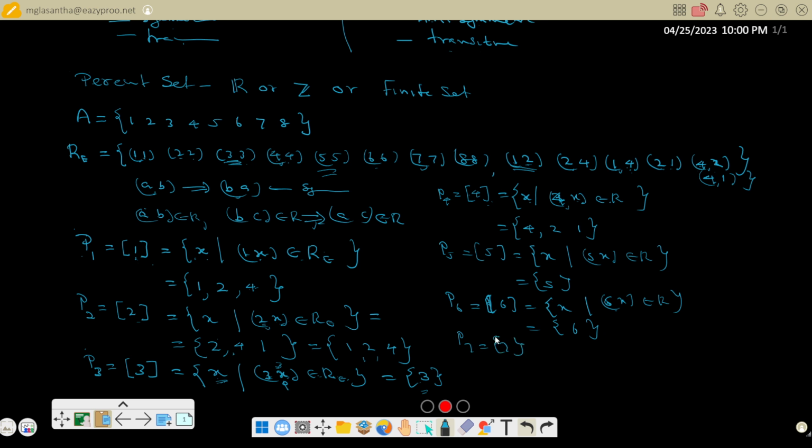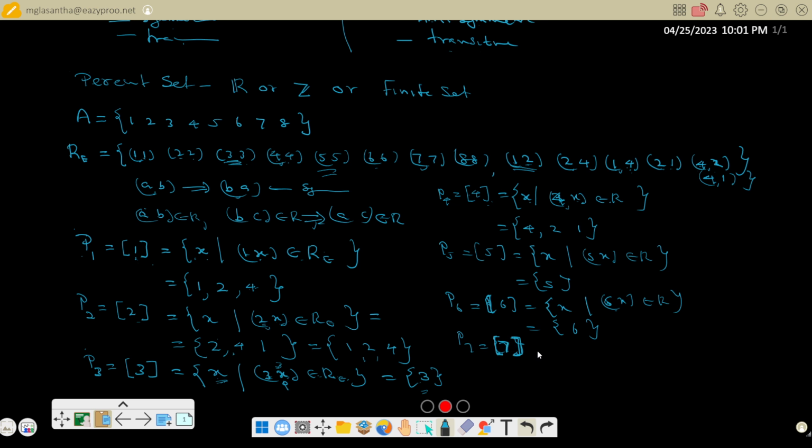7. You can't use curly bracket for this, square bracket always, equivalent class. This is a set, right? This is a set denoted by this, this is just a symbol.